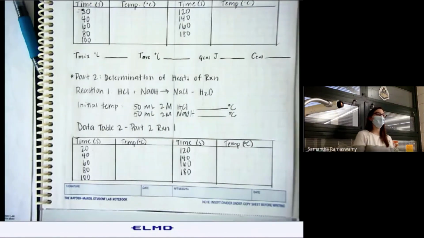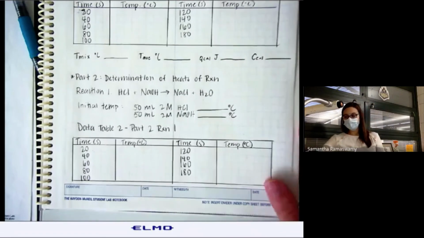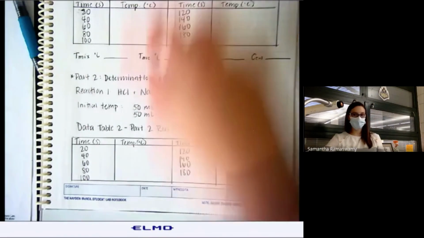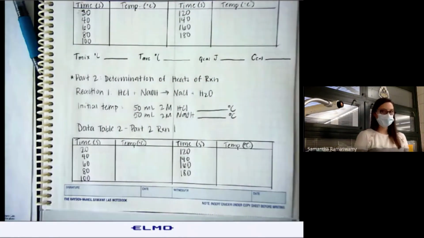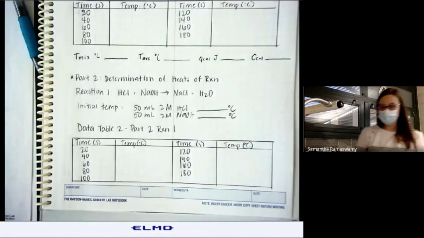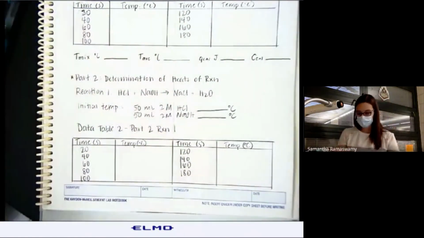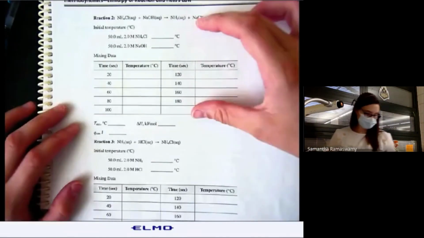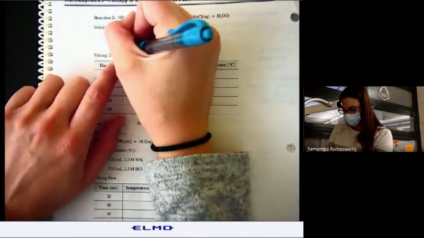So there's reaction 1 of part 2. And then for most people, they'll have a page that looks just like this, except you'll have reaction 2 at the top, reaction 3 at the bottom. So we did the first two together. So then for reaction 2, you want to make sure that you label this so we're ready for data table 3.